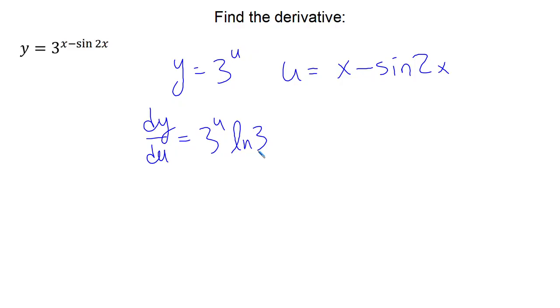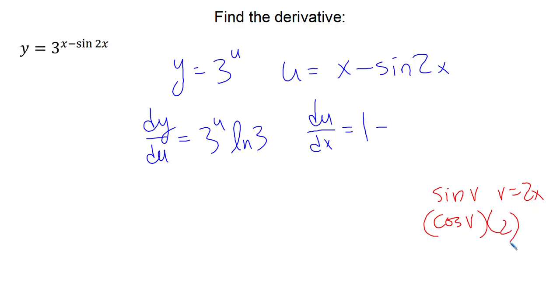And then u equals x minus the sine of 2x, well, du dx is just going to be 1 minus the derivative of sine 2x. Well, we'll do that off to the side here. Sine of 2x is like the sine of b, where b is 2x. So that should give us cosine b times 2, right?